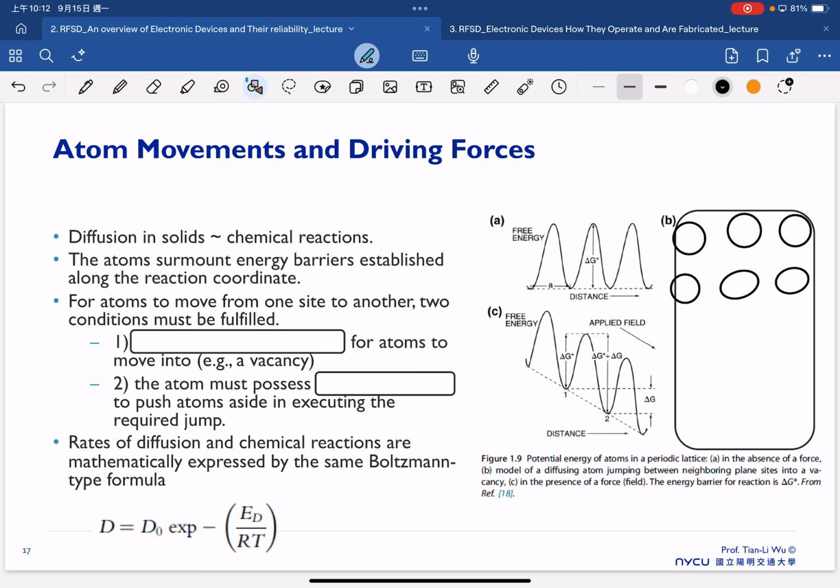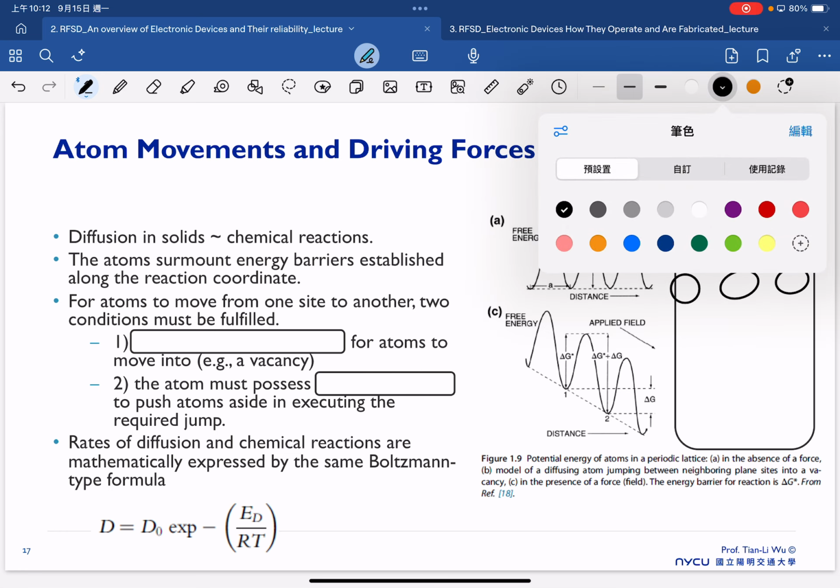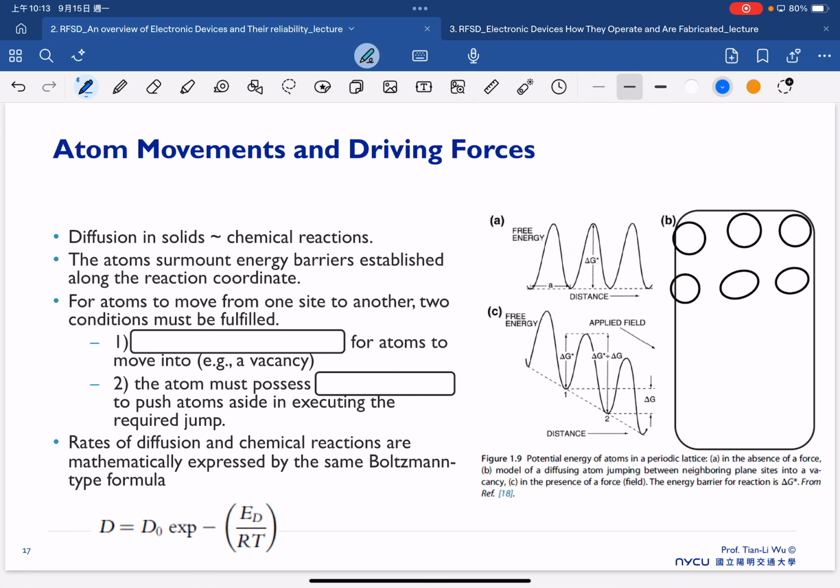But now, if we want to see the atoms move from one side to another, two conditions must be fulfilled. The first one is we need to make sure that there is an available site.